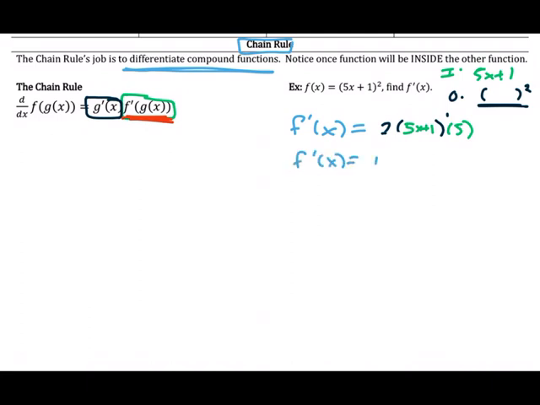This would be 5 times 2, which is 10, times 5x plus 1, and we could simplify this down to 50x plus 10. Again, we're identifying our inside and outside functions, taking the derivative of the outside function with the inside the same, and multiplying that by the derivative of the inside function. Let's work through some more examples.